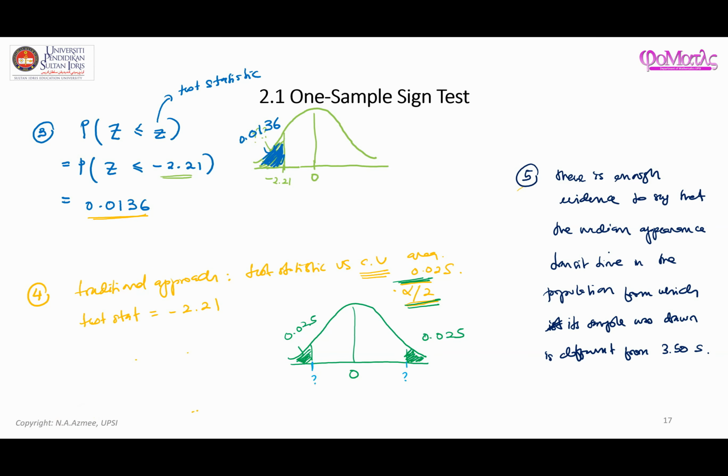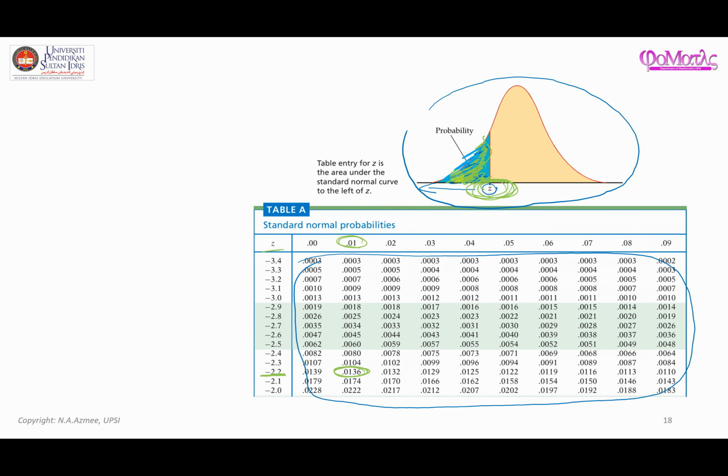And it is simple to find this critical value on this side based on the table given here, because the table given here is related to the area to the left. So we need to find the value of z here on the horizontal axis. Go to the probability area in the middle here and find where 0.025 is.